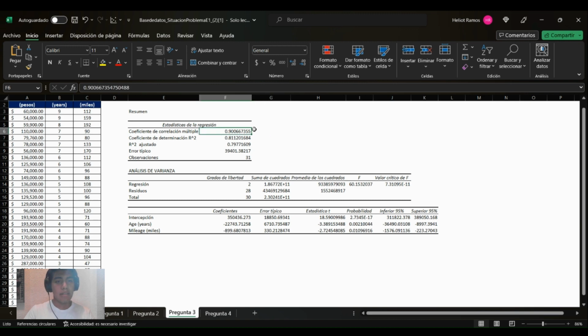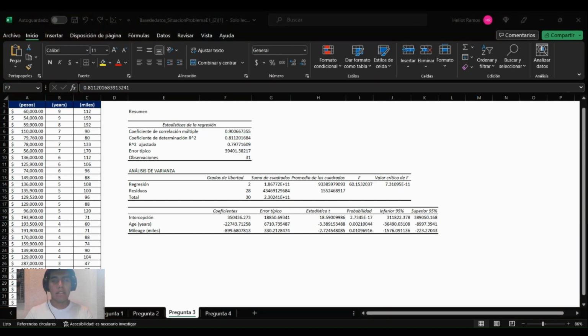However, what we can calculate is the coefficient of correlation and our determination coefficient. Our determination coefficient, as said earlier, explains the variance, basically the certainty we have of the price being estimated by the x values.